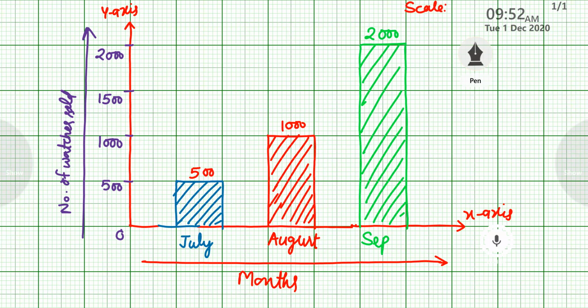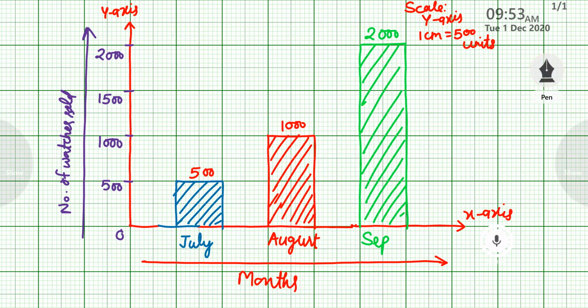On the y-axis we are taking scale: one centimeter is equal to 500 units. Draw this figure, students. Remaining months also you can draw because I have less space here. Remaining months also you can draw in the graph paper.